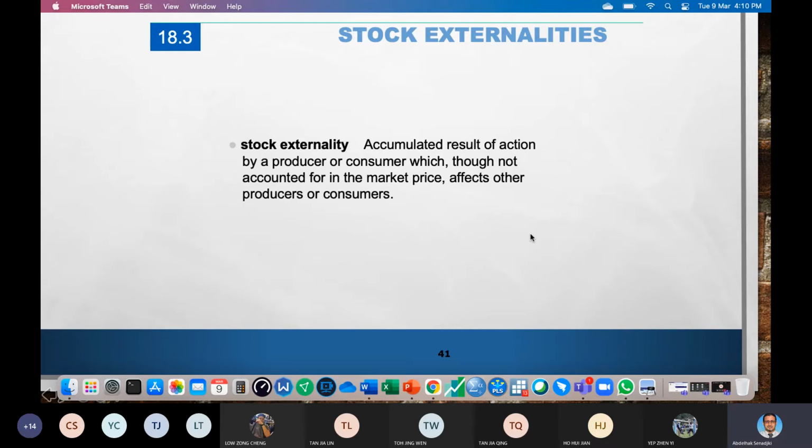We started polluting at the start of the 20th century, so almost 100 years. This is an accumulation, the stock externality.